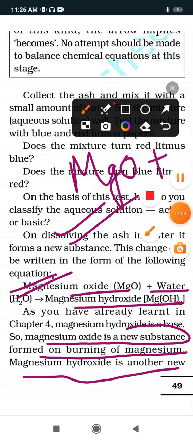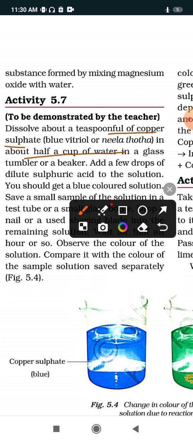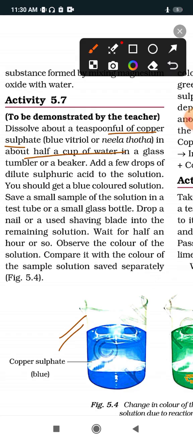Now in activity 5.7, what is given? Dissolve a teaspoonful of copper sulfate in about half a cup of water. We will dissolve the copper sulfate in a glass and add a few drops of dilute sulfuric acid, H2SO4.